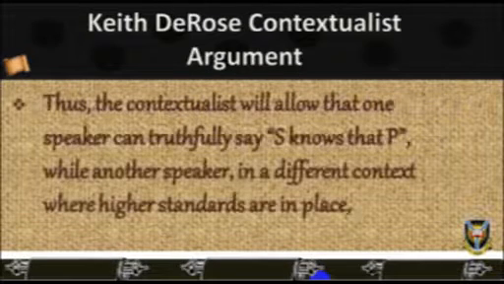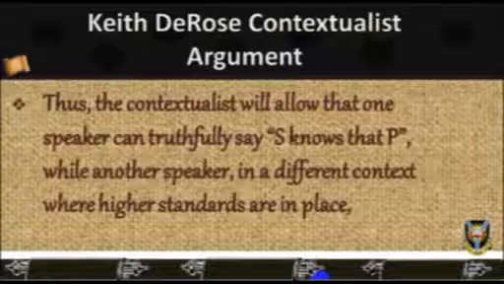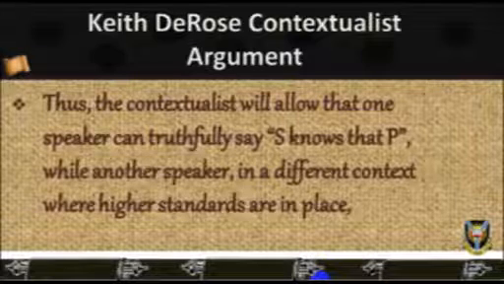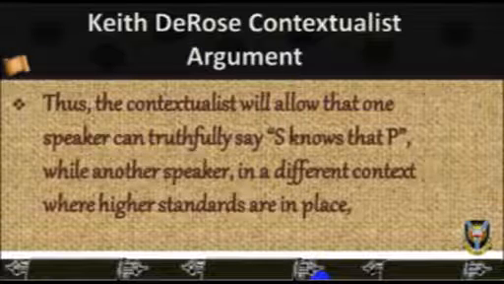Thus, the contextualist will allow that one speaker can truly say S knows that P, while another speaker, in a different context where higher standards are in place, can truthfully say S doesn't know that P, though both speakers are talking about the same S and the same P at the same time.